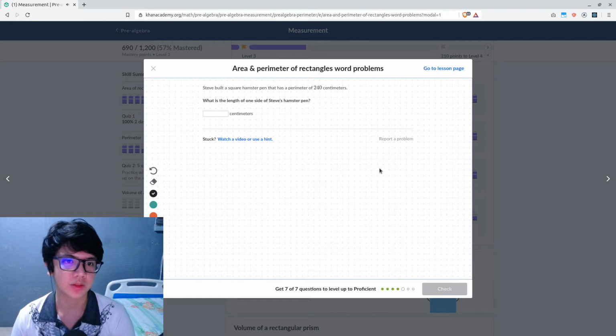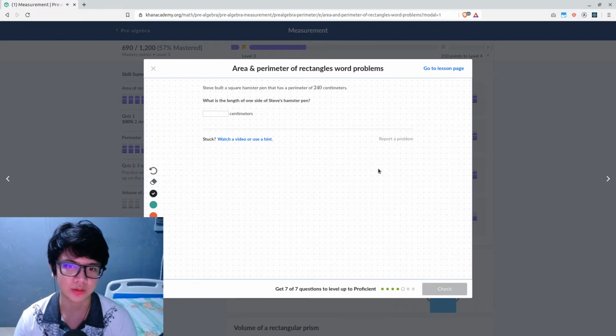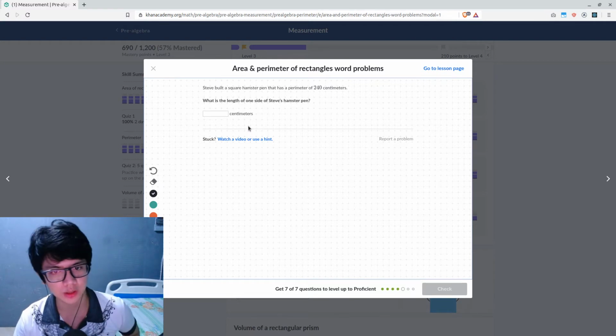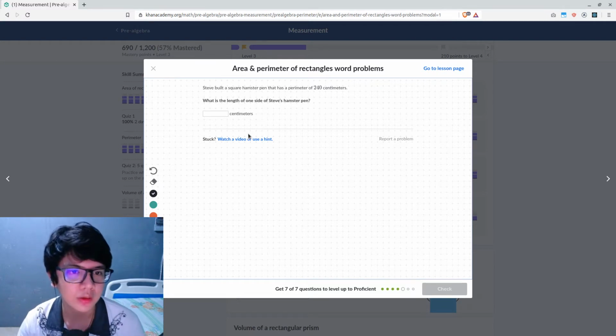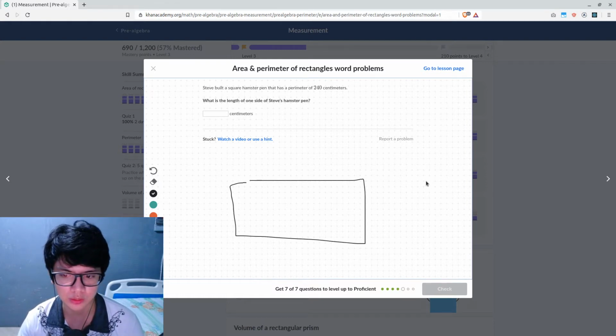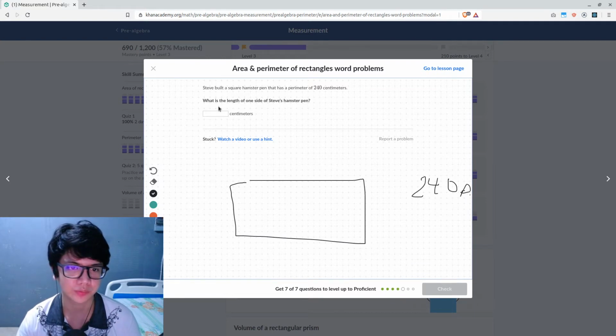Cool. Steve built a square hamster pen with a perimeter of 240. What is the length of one side of Steve's hamster pen? What the fuck? Perimeter of 240.